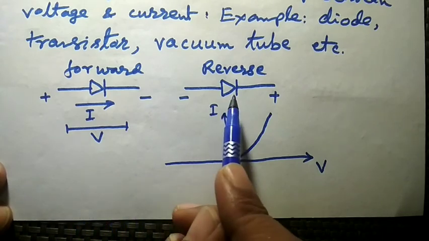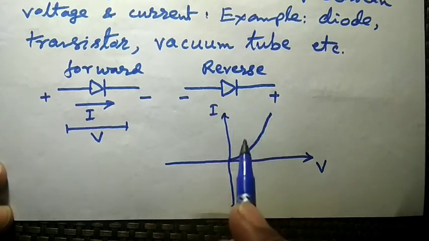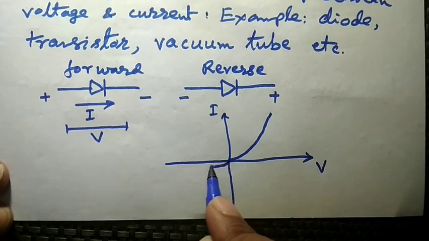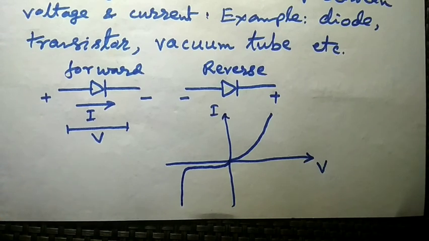Whereas if we connect the diode in reverse biased, that means the polarity across the diode is changed, then the current will be flowing in the opposite direction and it will follow this line. So definitely the voltage and current characteristics for a diode is not a straight line. It is not linear. That's why it is called a nonlinear element. And if there is any circuit with diodes, then this circuit will be considered as a nonlinear circuit.